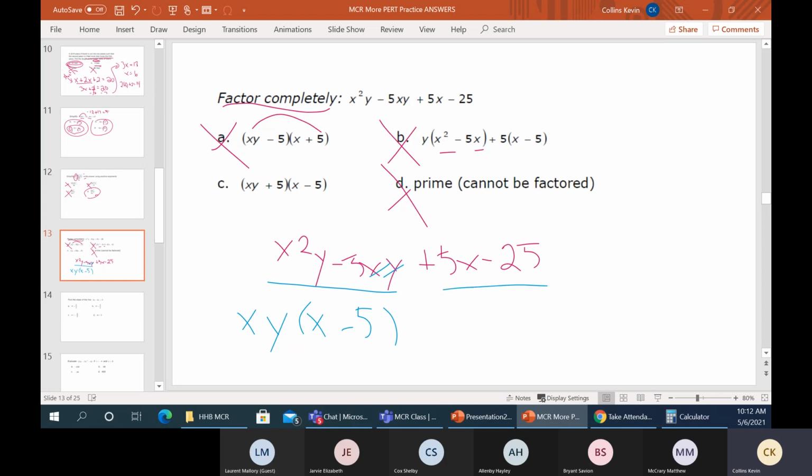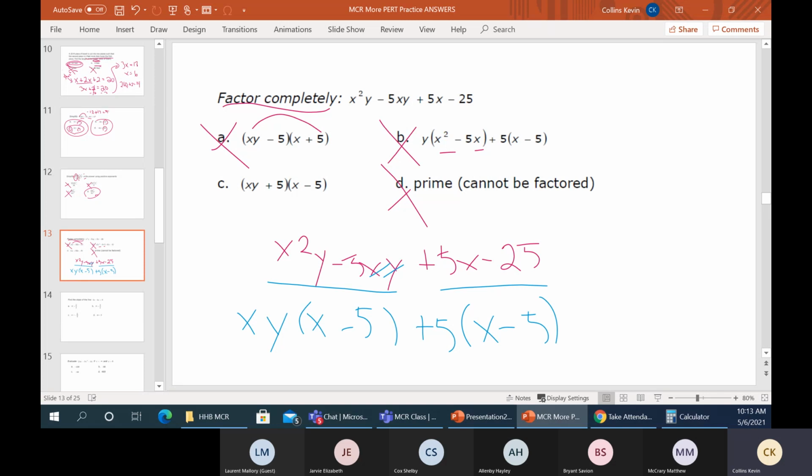So then the next part, we look at this part. The only thing we can factor out of here is a 5, right? So let's go ahead and do that. So we factor out a 5, and then we get x minus 5. 5x divided by 5 is just x.